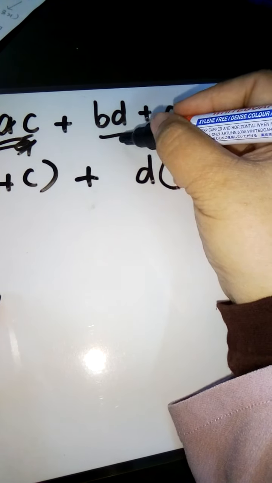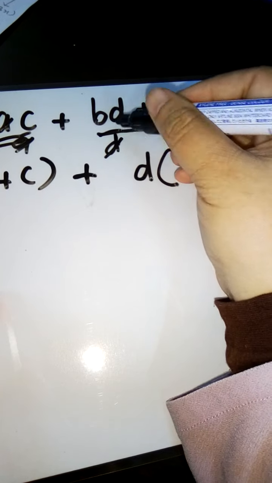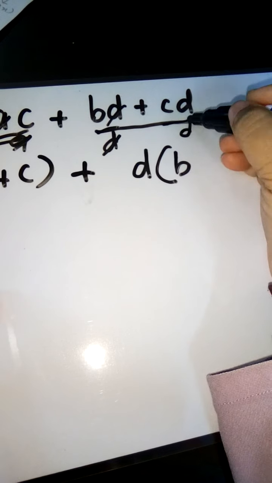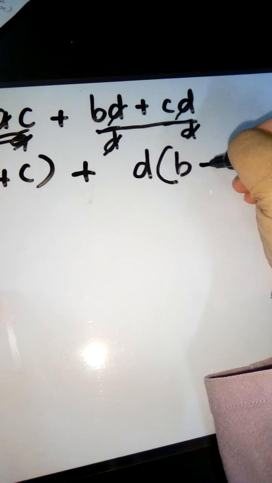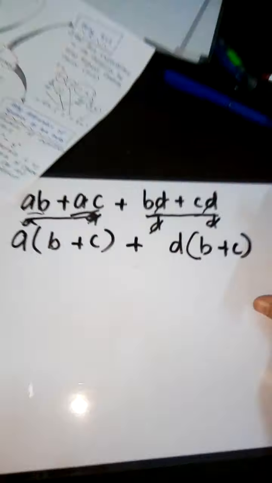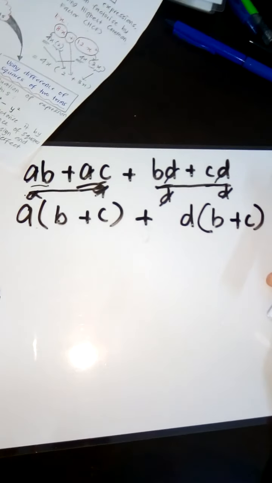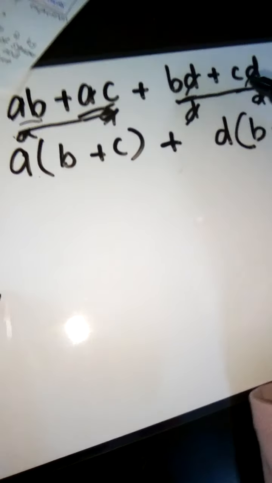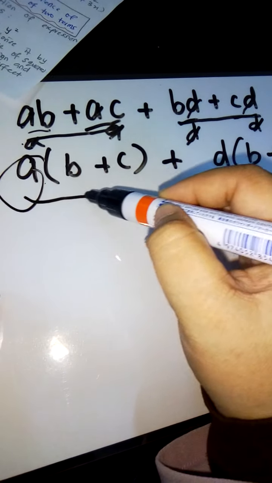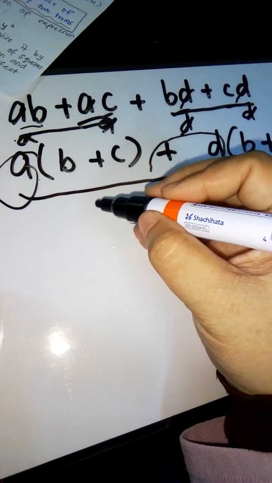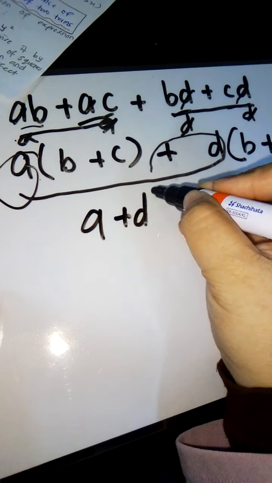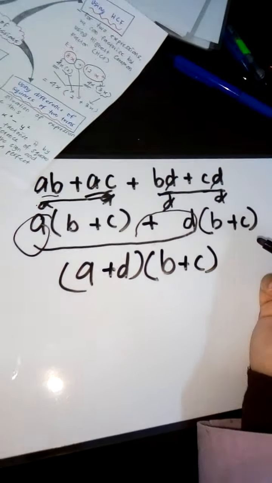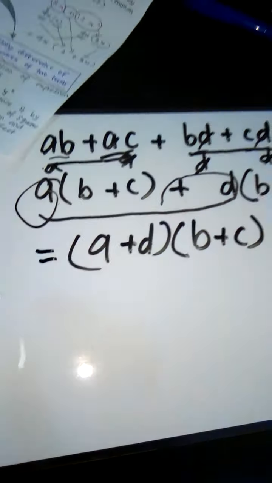What is left? bd divided by d, left b. This one divided by d, left c. Done. Did you notice that b plus c and b plus c is the same? So you just take this together, and the ones outside you combine, becoming (a plus d) and then (b plus c). That's the answer.